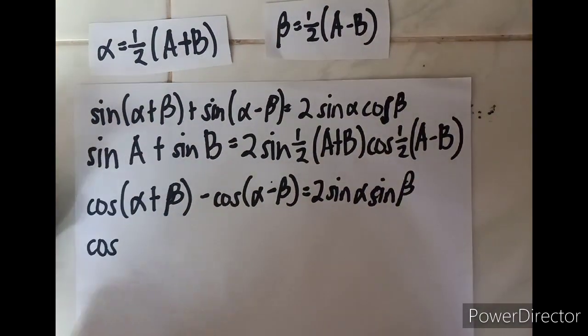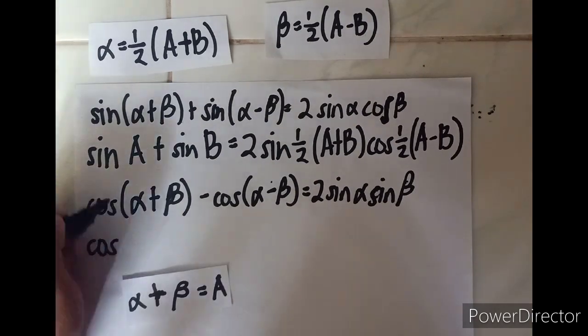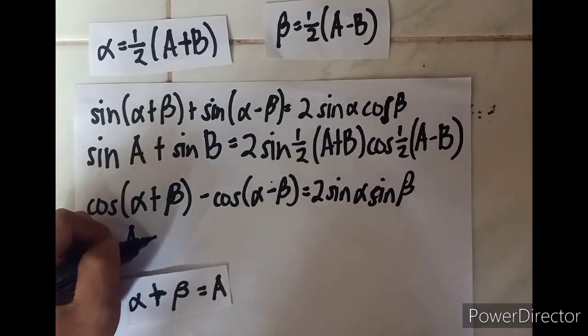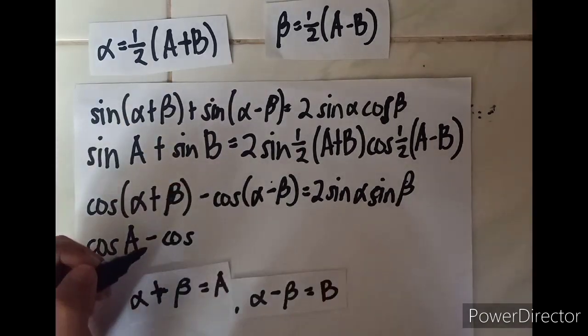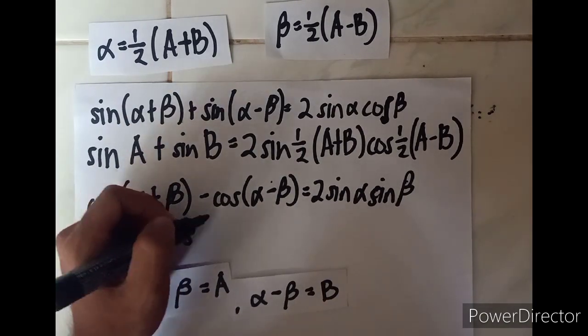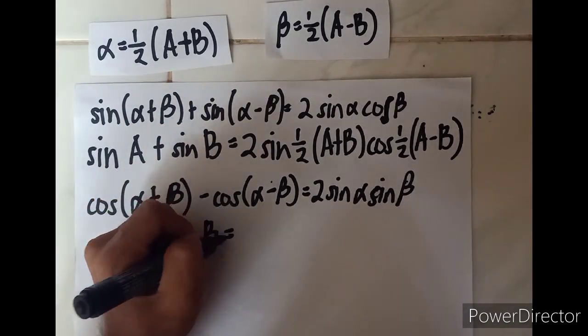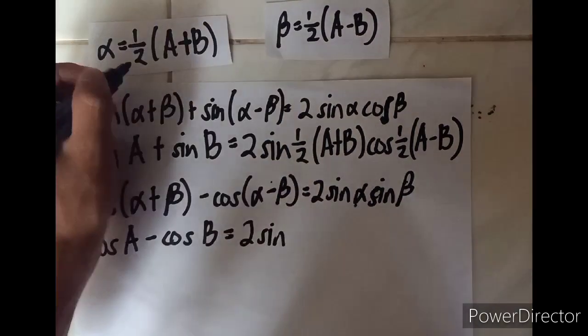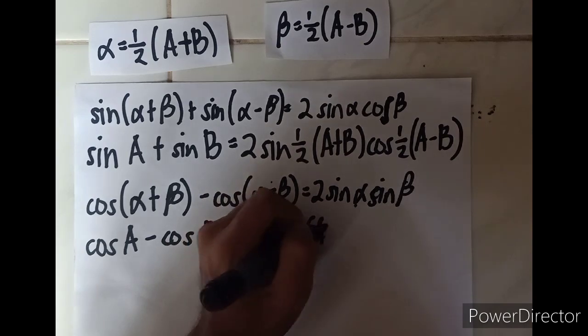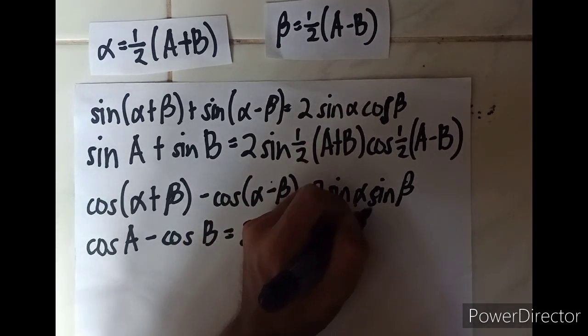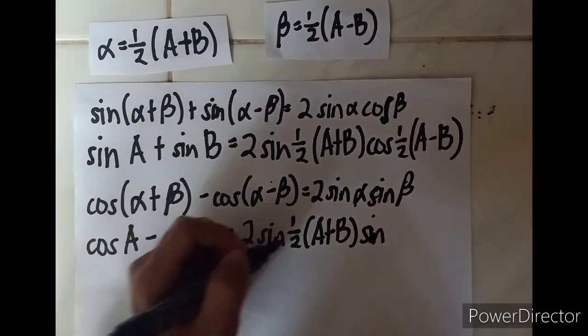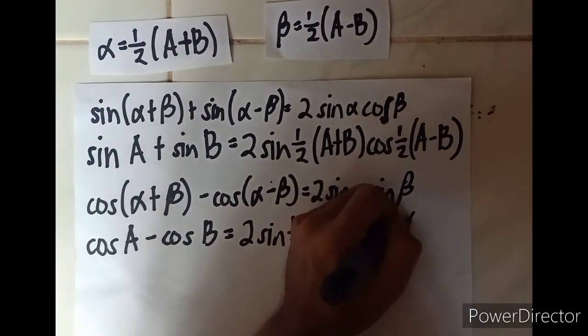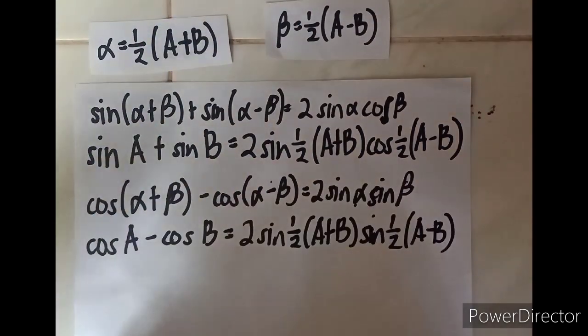Cosine alpha plus beta minus cosine alpha minus beta equals negative 2 sine alpha, which is 1/2 times A plus B, and sine beta is equivalent to 1/2 times A minus B.